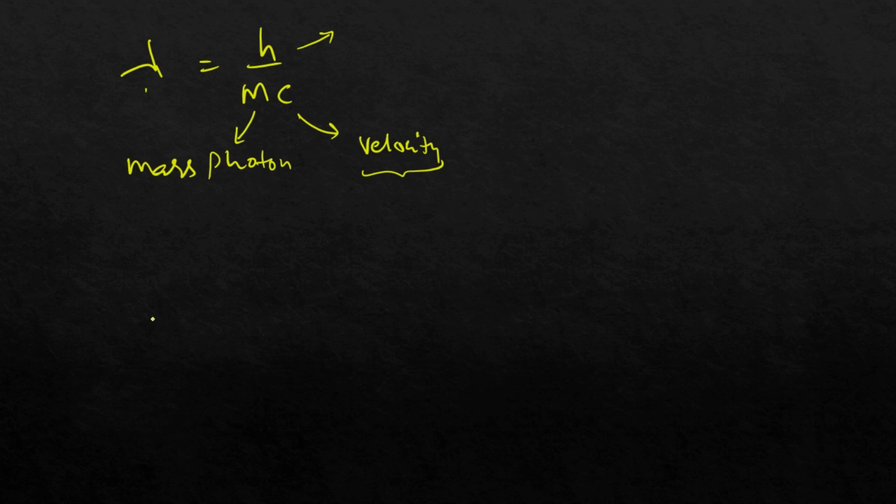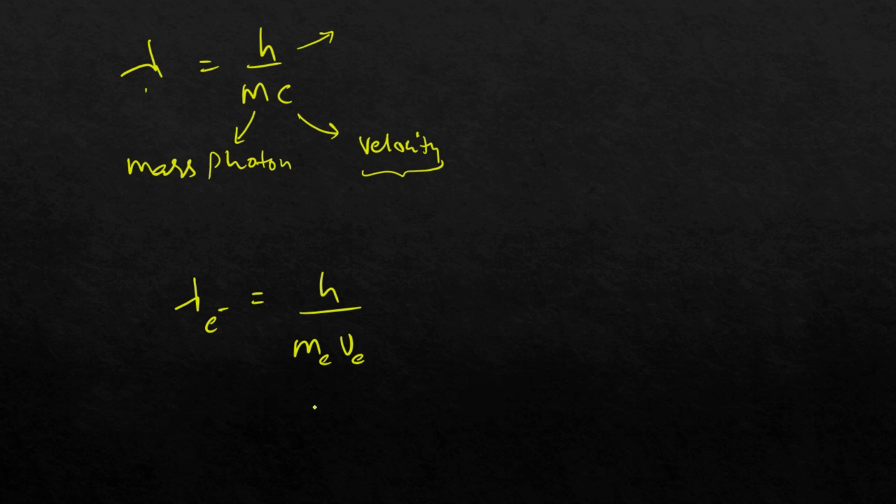Similarly, instead of a photon, if I am applying this calculation on an electron which is moving in a Bohr's orbit, then lambda of an electron will be equal to h by mass of the electron and velocity of the electron. So instead of c here, I can write v, because we calculated the velocity from Bohr's formula.